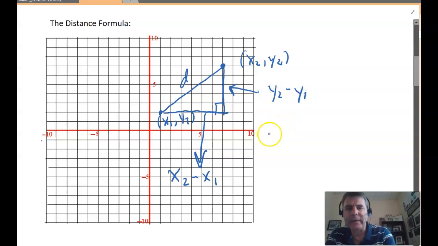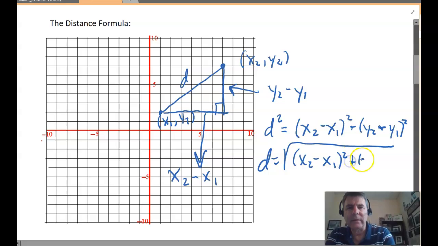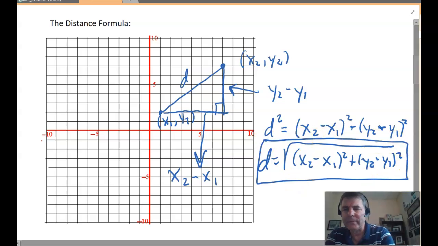By the Pythagorean theorem, the hypotenuse squared is equal to the sum of the squares of the legs. And then if I want to get the distance, I take the square root of that. And that is the distance formula.